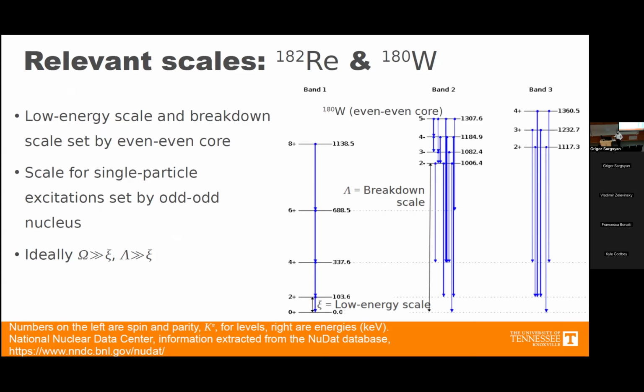There is another scale to consider here in terms of breakdown of the theory, which is the scale for single particle excitations within the nucleus. Those tend to be lower energy in odd nuclei such as this, because we have unpaired nucleons.